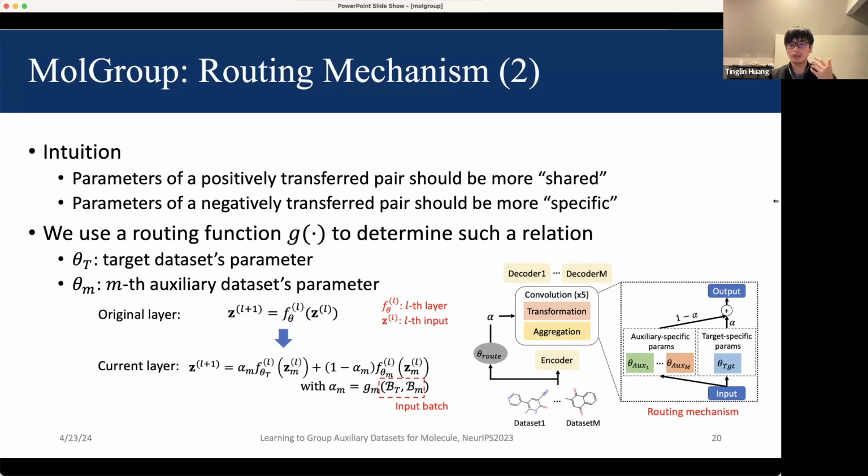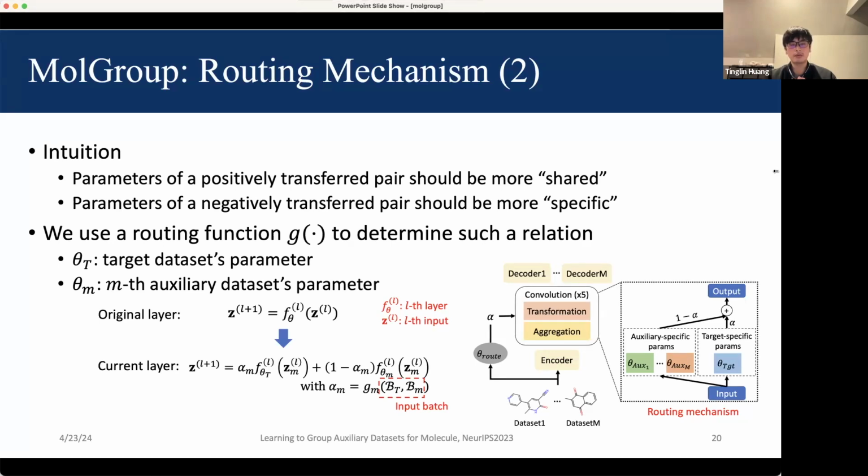We assume that we have m datasets, including one target dataset and m minus one auxiliary datasets, and we assign different parameters for each dataset. We use theta to denote the parameters. In the routing mechanism, in the original layer, we just feed the mini batch of one dataset and obtain the representation in each layer.